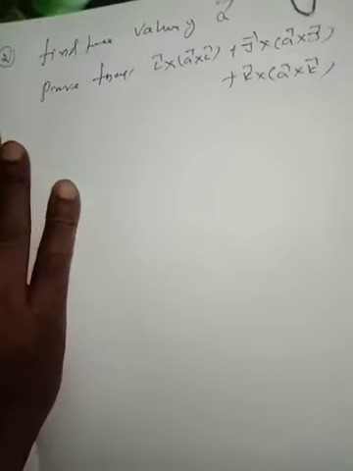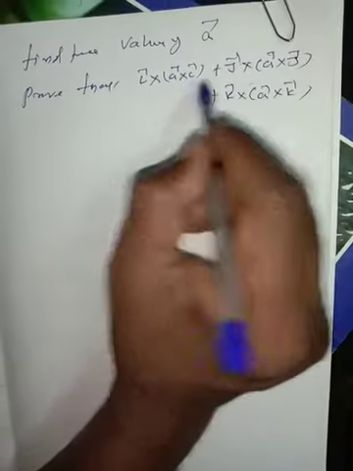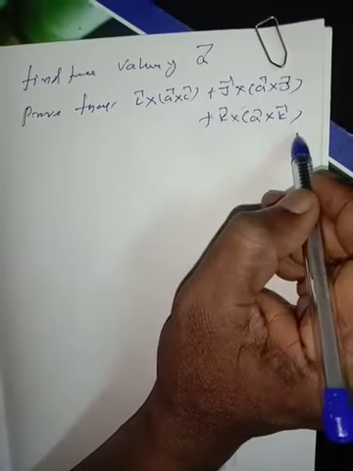Now let us take i vector cross (a cross i) plus j cross (a cross j) plus k cross (a cross k).